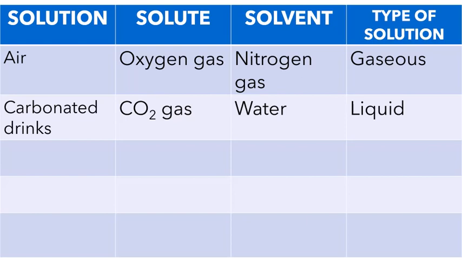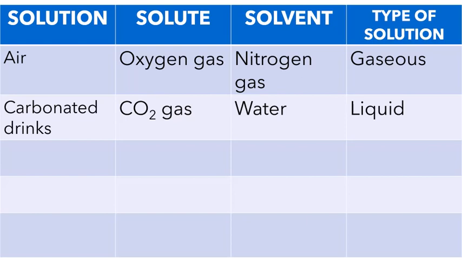The solution column, the solute, the solvent, and the type of solution. So we have here examples of solution like air and carbonated drinks. So for the solute of air, of course, oxygen gas is smaller in amount compared to the nitrogen gas. Therefore, oxygen gas is the solute and nitrogen gas is the solvent. Now, the type of solution will be gaseous.